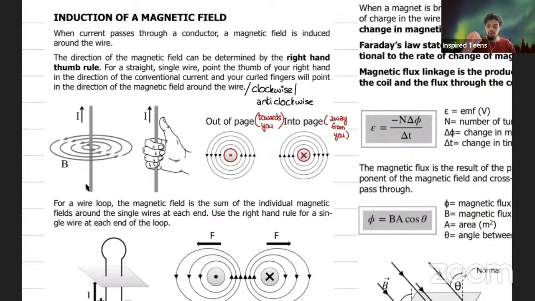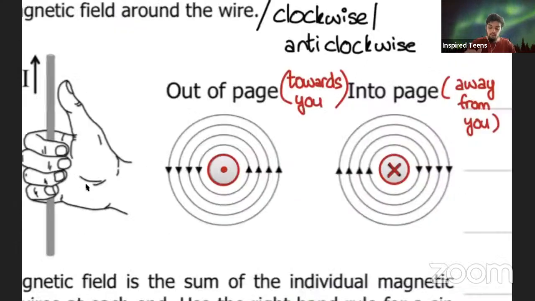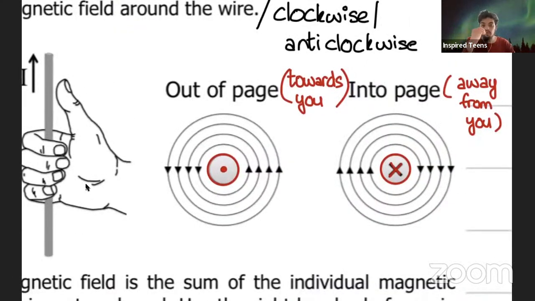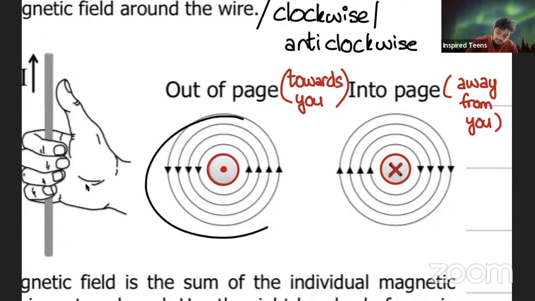If I point towards myself, so out of the page, I point my right hand thumb towards myself and curl the rest of my fingers downwards. You will see that your fingers are pointing in an anti-clockwise direction, and that's represented here.